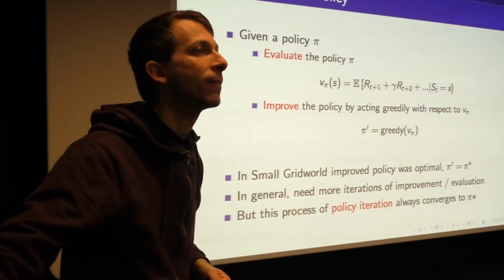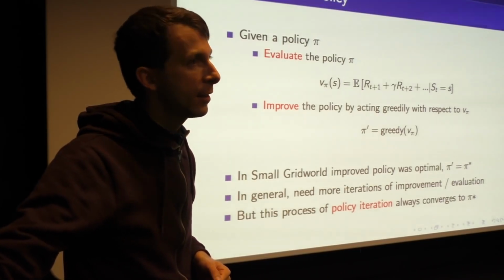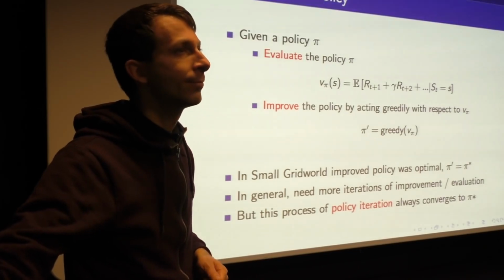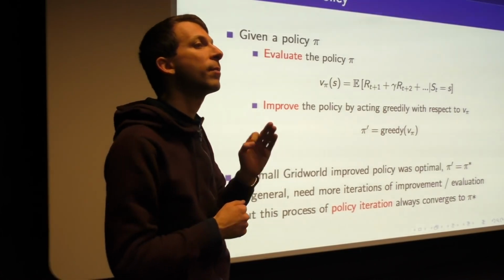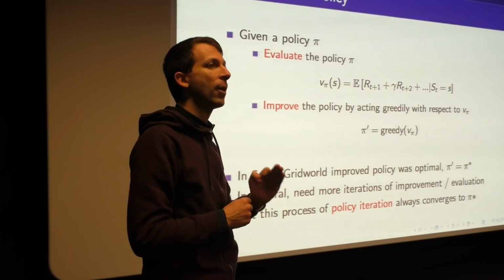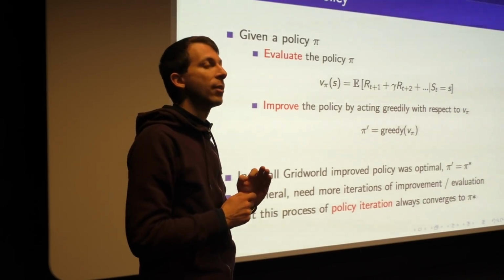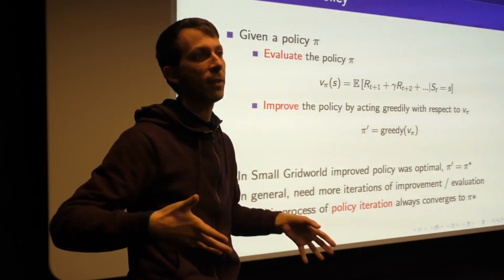Questions? When you improve the policy, isn't it a deterministic thing? Yes. So, recall from the last lecture that there is always at least one deterministic optimal policy for any MDP. So it's sufficient to search over deterministic policies only when you're looking for the optimal policy.